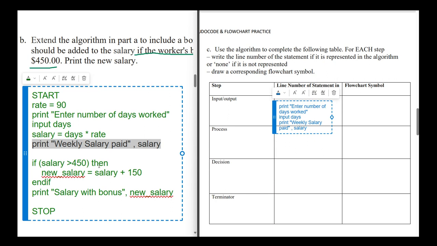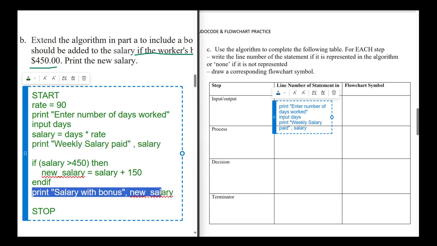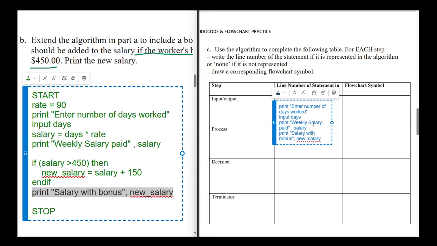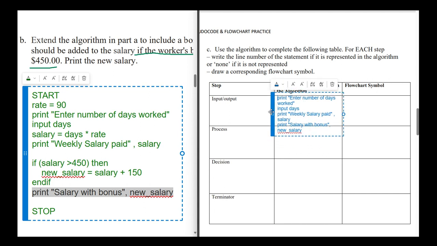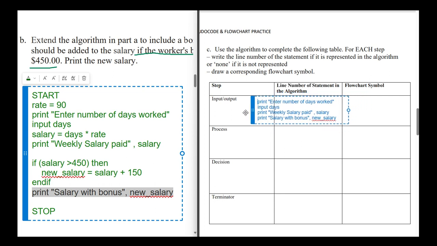Any other? Yes, when we print the salary again here, that's an output. So we found more than one instance of input and output here, right?